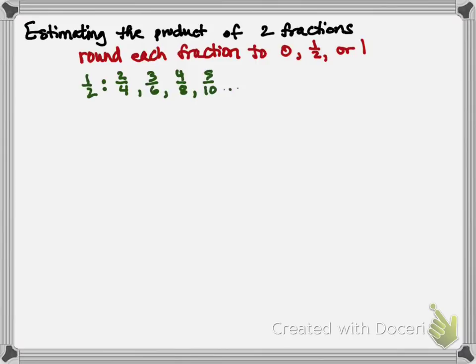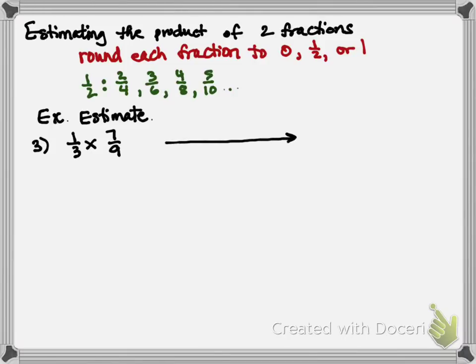So let's talk about what this would look like with a number line. Let's just do a couple of examples, and the directions are going to say estimate. So we've got 1/3 times 7/9. I'm going to draw a number line and put three key numbers in: 0, 1/2, and 1. Then I'm going to figure out how to plot each one of those.